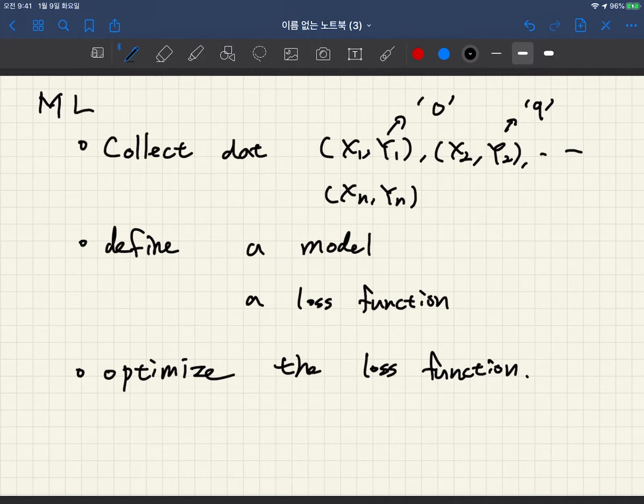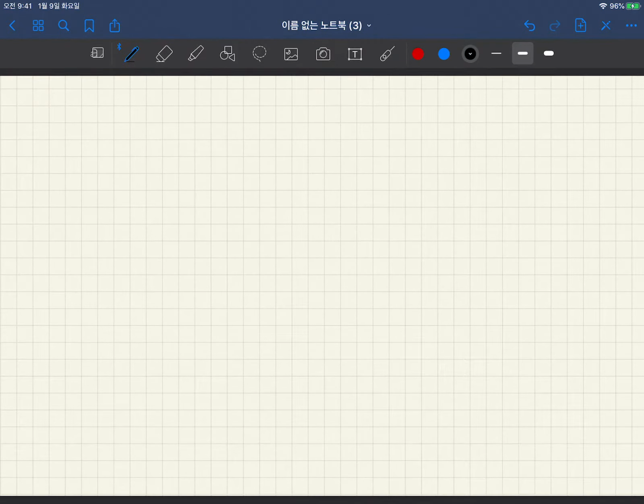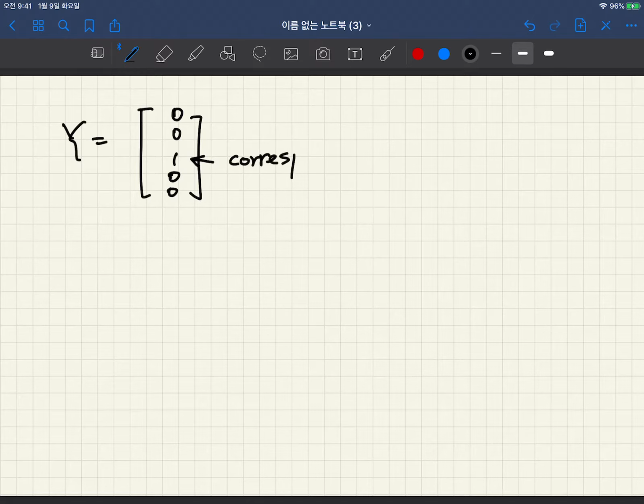That is called one-hot vector encoding. So basically, we generate an all-zero vector except one non-zero element having value 1, which corresponds to the class label.